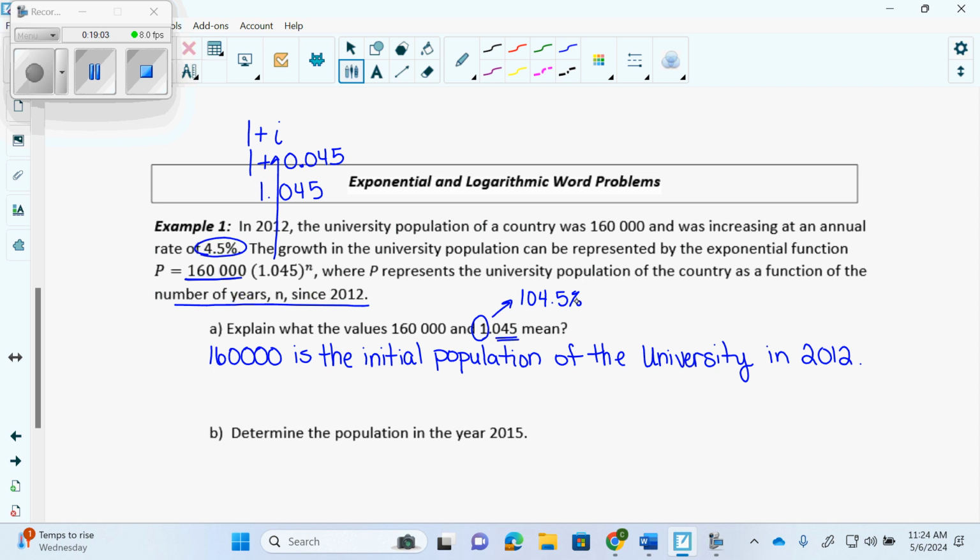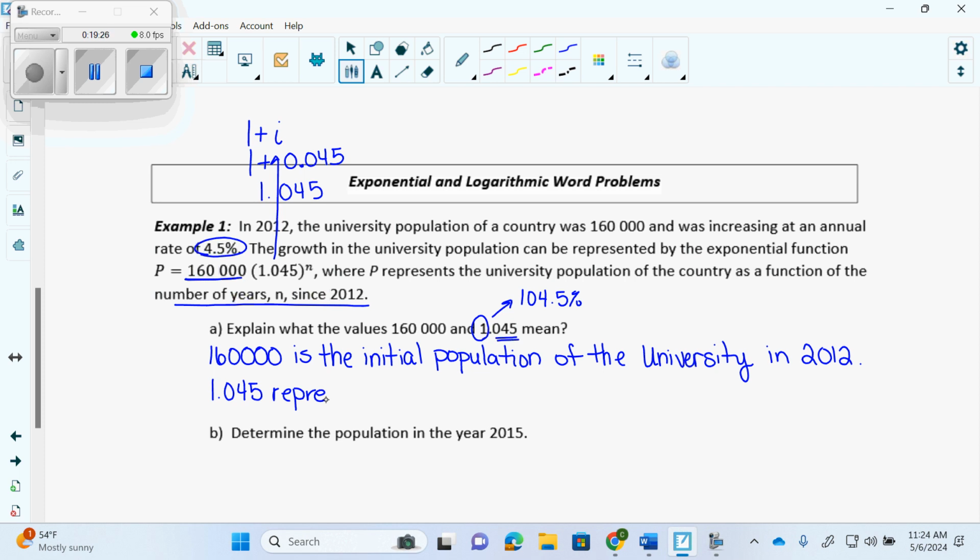So 100% is just your flat rate. That's where we want to be at all times. If we're above that, we're growing. If we're below that, we're decreasing, right? So here, I'm growing. So we can say the 1.045 represents that the population is growing. True? 100% of the population would be 160,000.